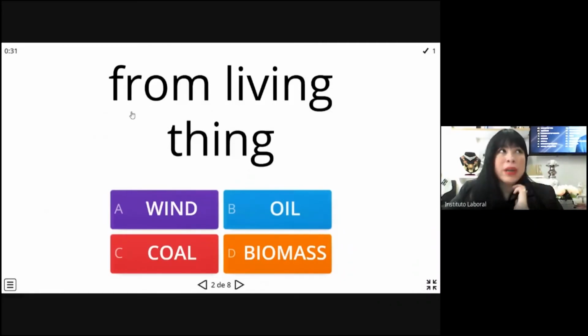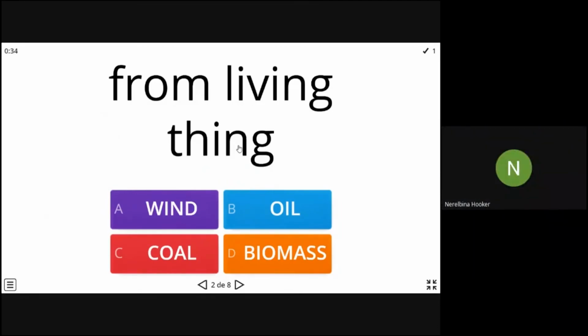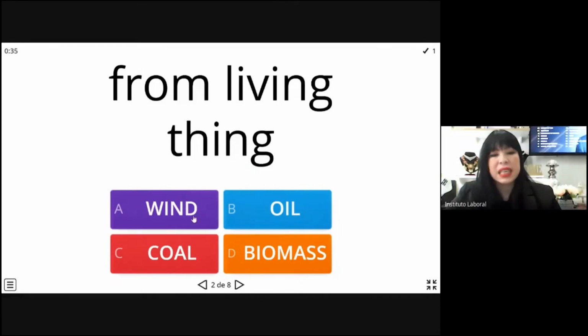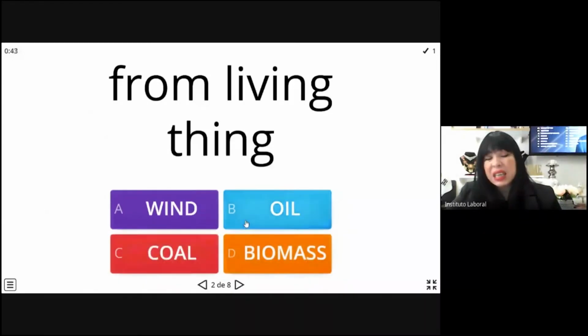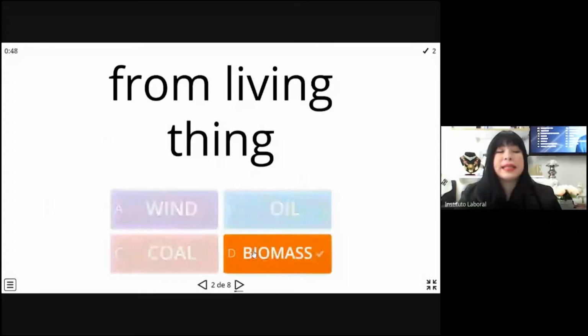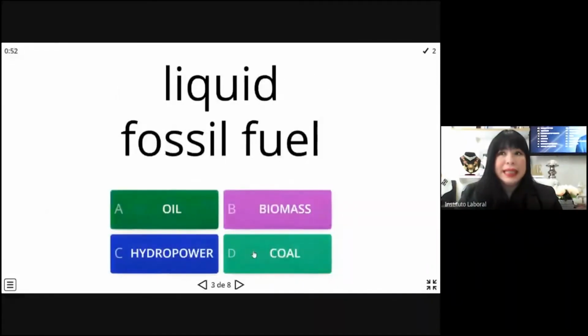What is the energy that comes from living things called? Wind, oil, coal, or biomass? D. Are you sure? D. Oh yes, biomass. Excellent. How do you call the energy that comes from the liquid fossil fuels?